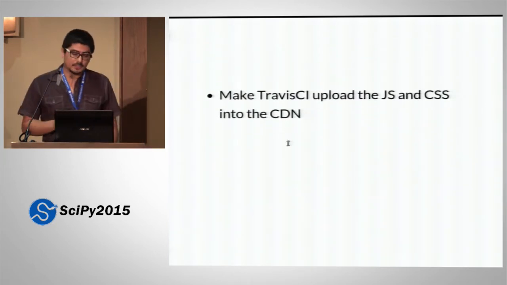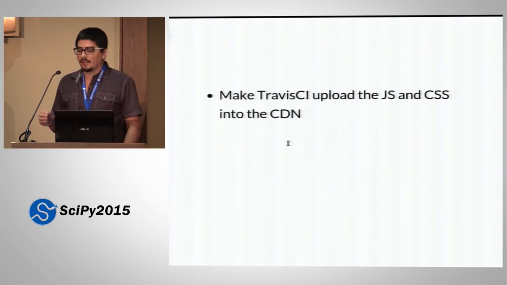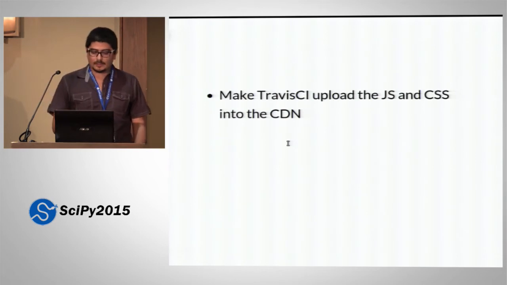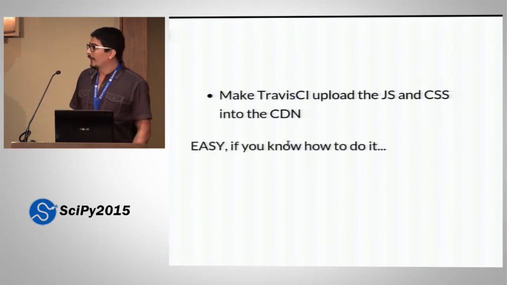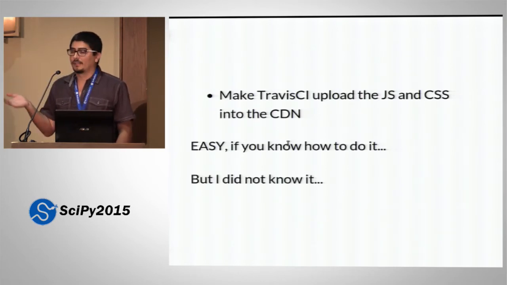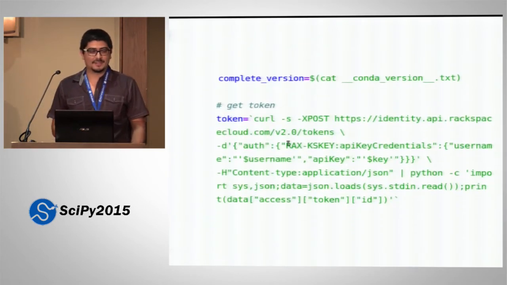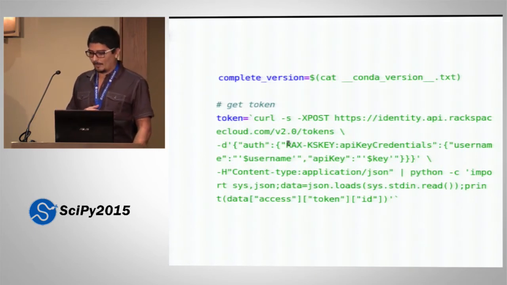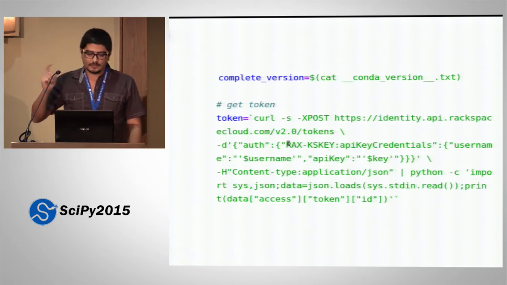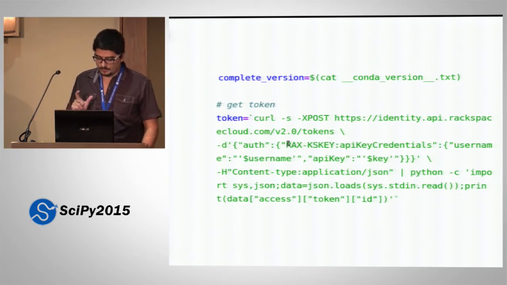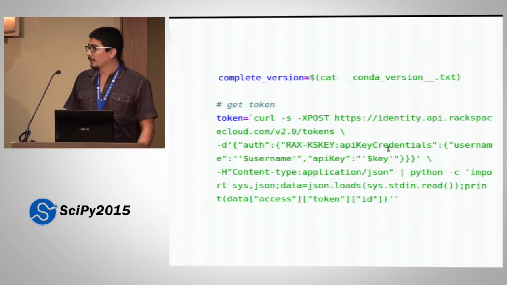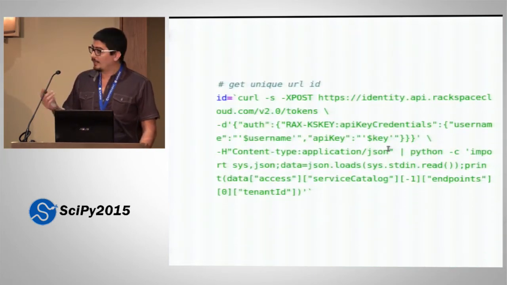So the other thing we need to do is to make Travis CI upload the Bokeh.js and Bokeh CSS into the CDN. In that case, we are using Rackspace. And this is easy to do if you know how to do it, but I didn't know, so I had to investigate and learn about that. Essentially, you can communicate with the Rackspace API through REST communication. And with API credentials, you can get the token and an ID.